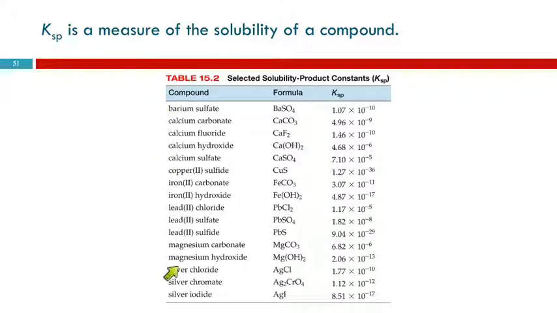So if we look at all of these things and compare these to the solubility rules that we learned before, which are more of a qualitative prediction of does it dissolve or not, you'll see that most of these are going to be in the does not dissolve category. Their KSP values are very small, meaning that only a tiny bit dissolves.